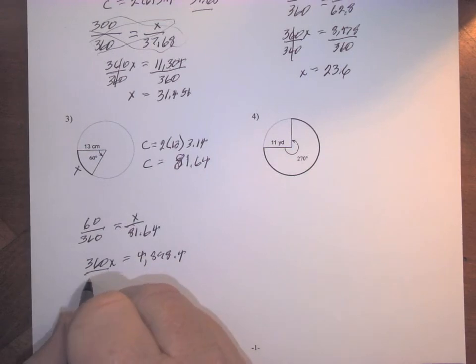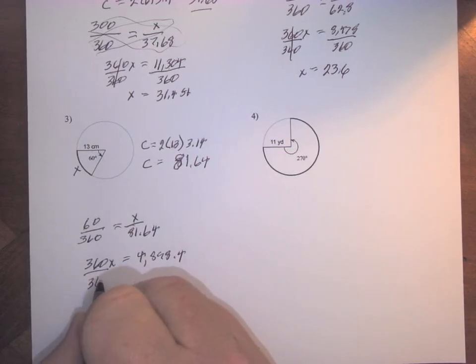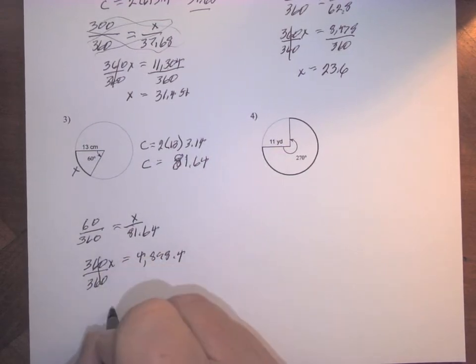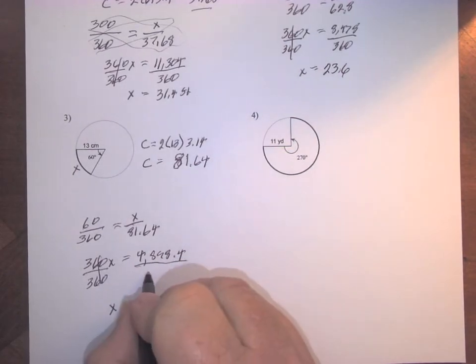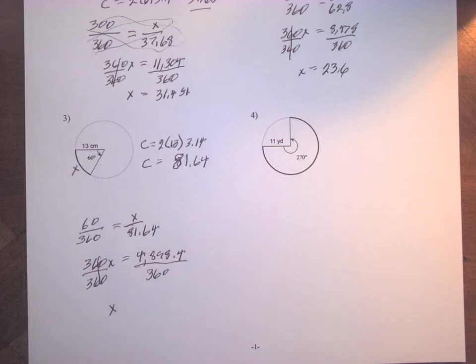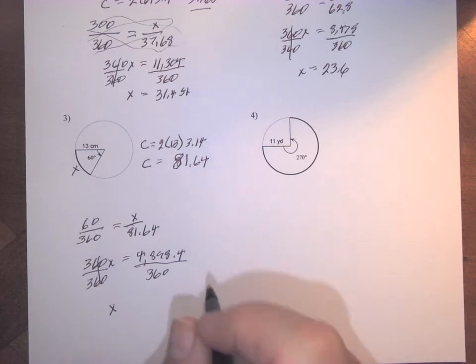We divide by 360. Those go away and we're left with x. Keep it balanced, we have to divide by 360 on this side. And that gives us 13.6.